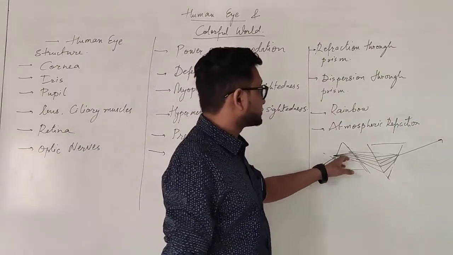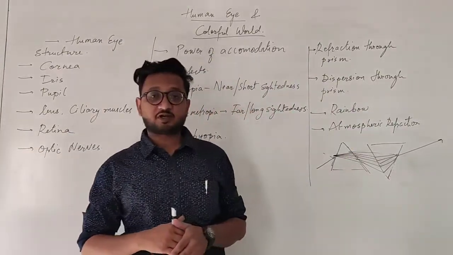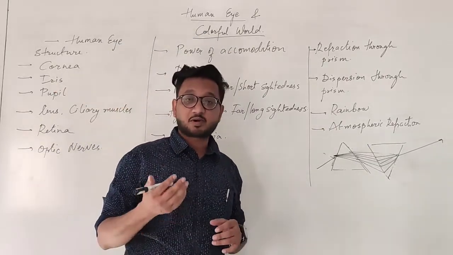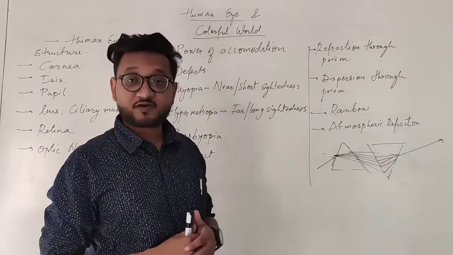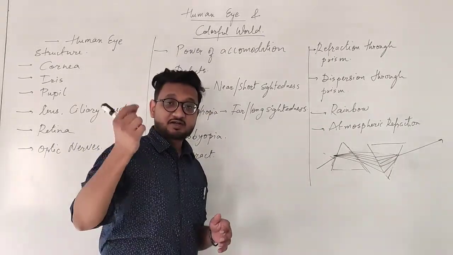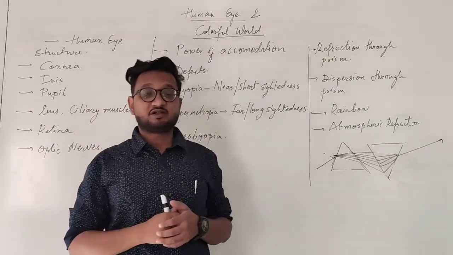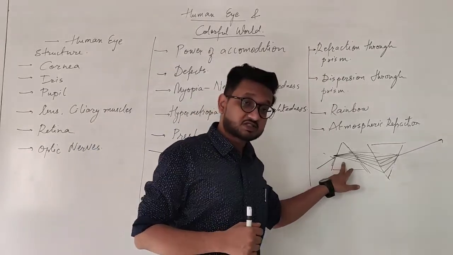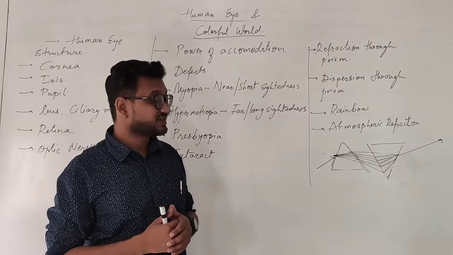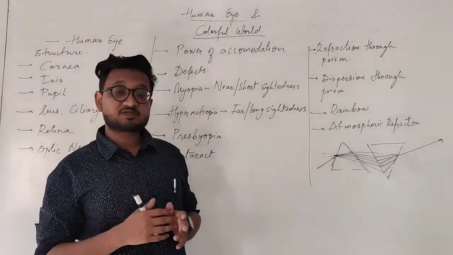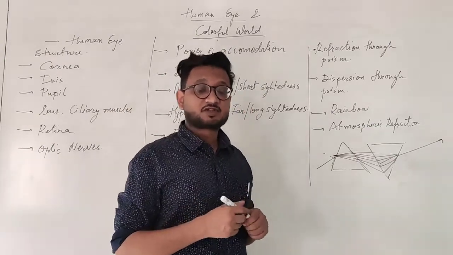Similar to this dispersion, natural dispersion happens in our environment, that is the rainbow, after a rainfall, near a mountain or near a mountain waterfall or a fountain as well. If the particles are minute enough, then the beam of light refracts and disperses, and therefore it creates a rainbow. Very simple. And the rainbow always happens in the opposite direction of the sunlight.